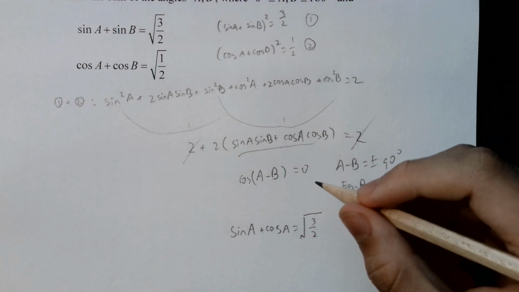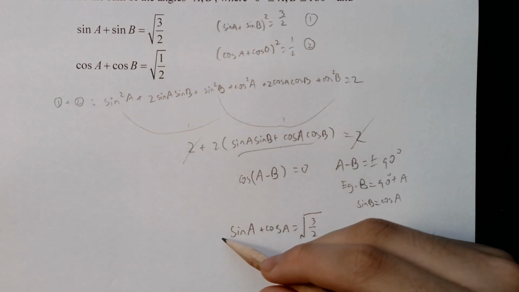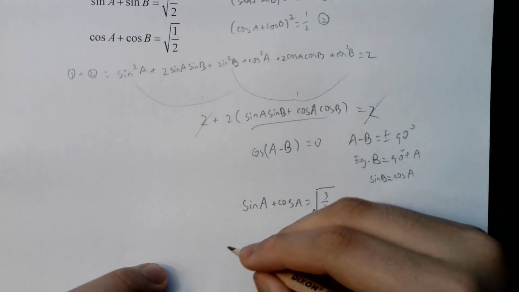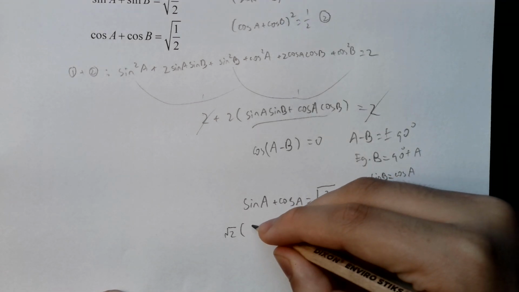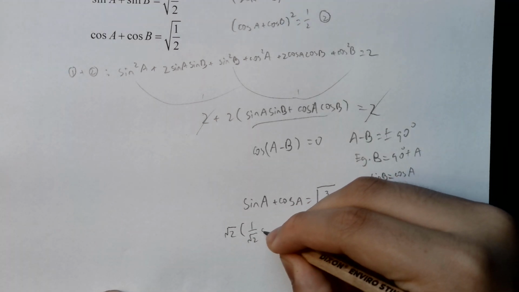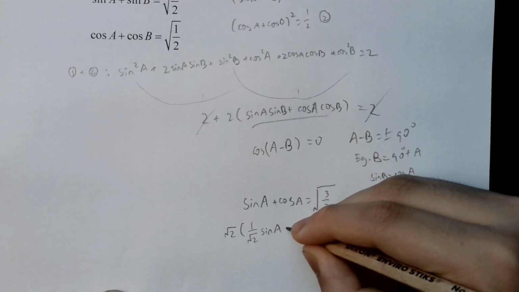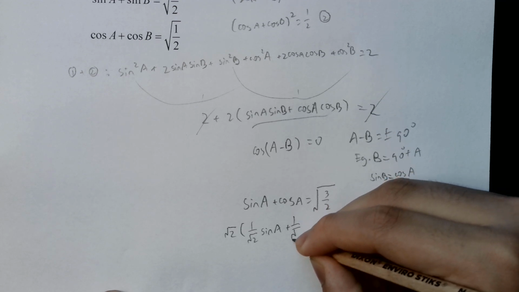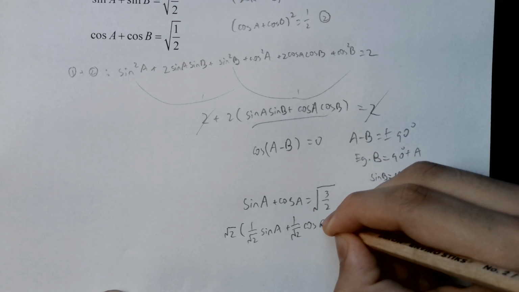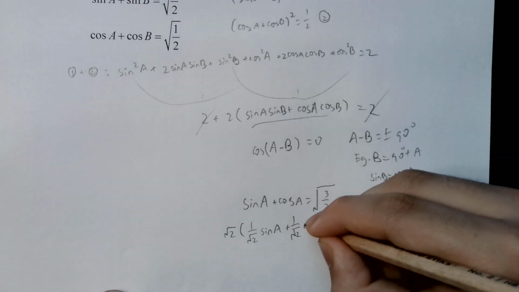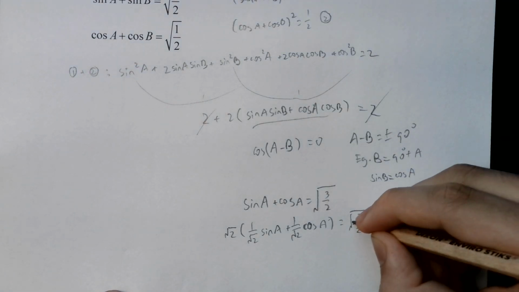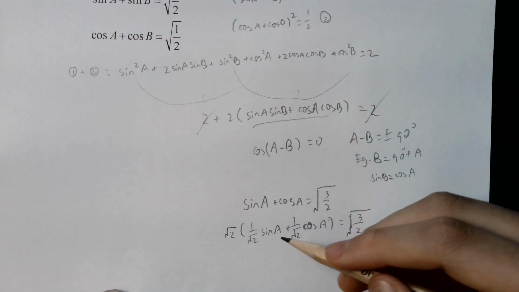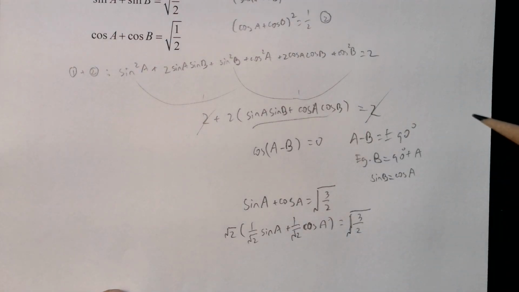Now that we have this, we're going to multiply it by square root 2 and then divide it by square root 2, like so. So square root 2 on the outside, and then we divide by square root 2 on the inside for all of the terms with parentheses. The reason why we did this is because one over square root 2 is actually equal to sine 45 degrees and cos 45 degrees.